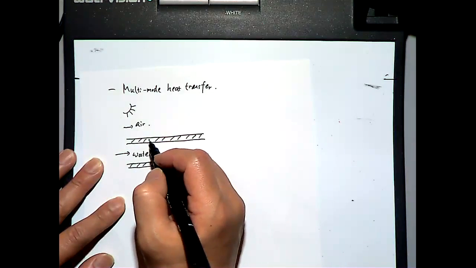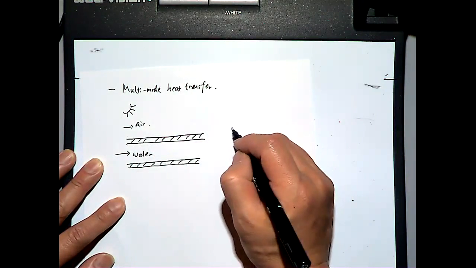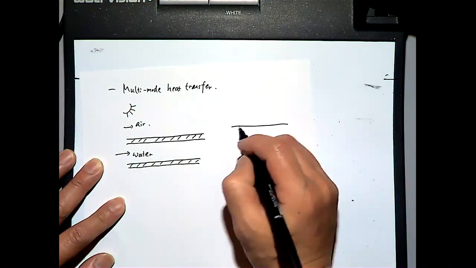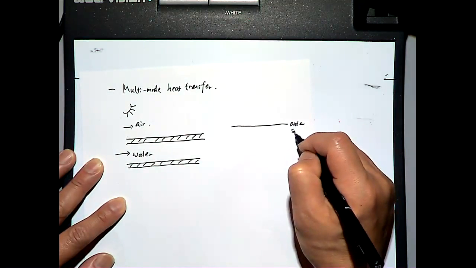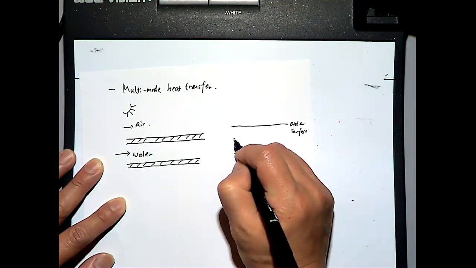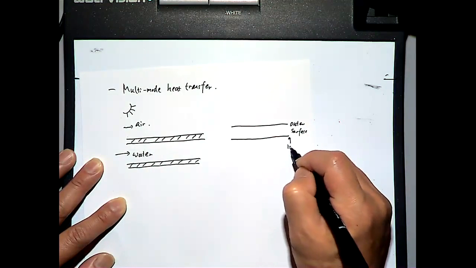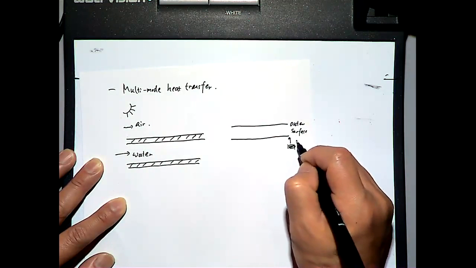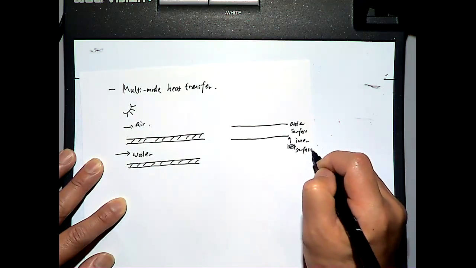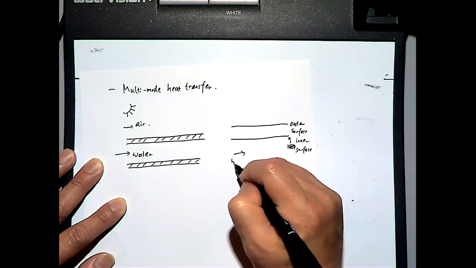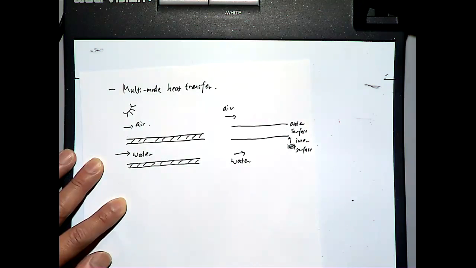If we choose the outer surface there as our analysis surface, so if this is the outer surface, and then we have the inner surface, then we have water there, we have air there.